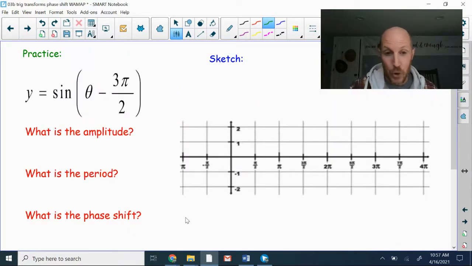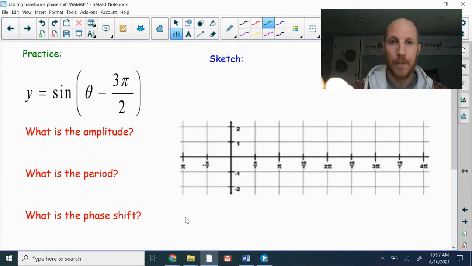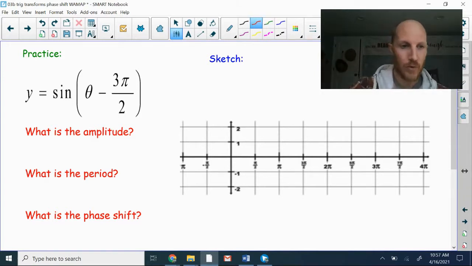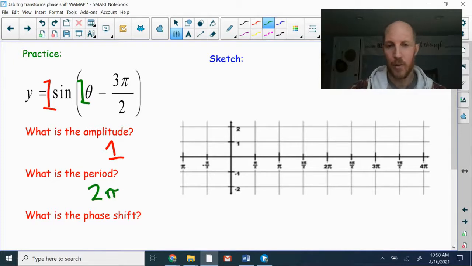Okay, example number 2. y equals sine of theta minus 3 pi over 2. So let's do the same series of questions. What's the amplitude? It is 1. There's no amplitude number out there. What's the period? Since there is not a transformation being multiplied onto that theta, the period is still 2 pi.